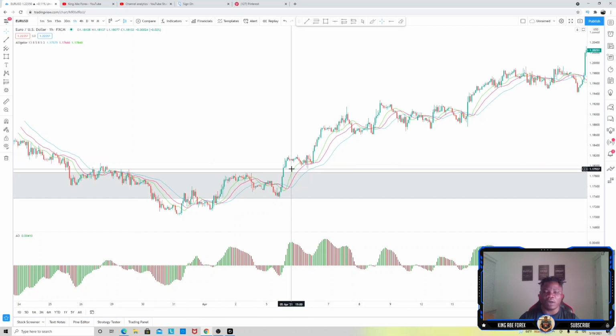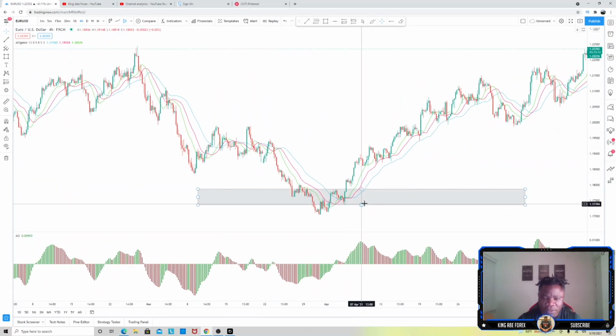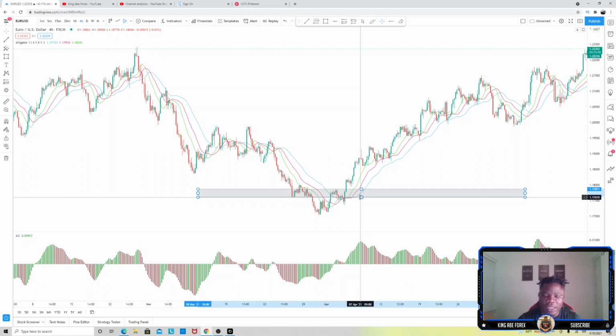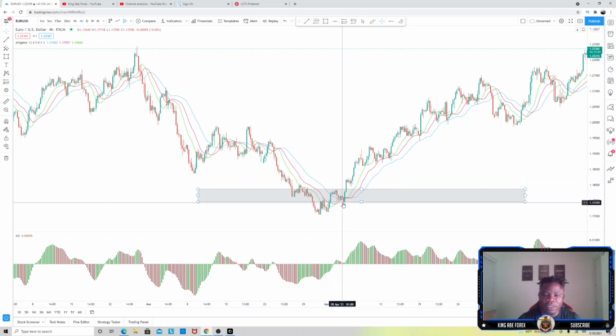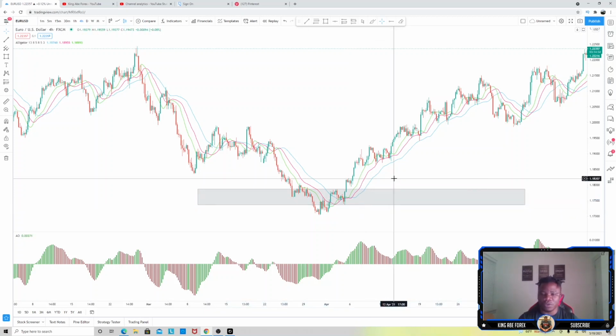Before we had this pullback, if we go back to the 4 hour time frame, this zone previously was initially like this, but now we have to draw it all the way down here, because this gave us another rejection right over here. For your support and resistance, what you're looking for is rejections: rejections for support and rejections for your resistance. That's all you're looking for.